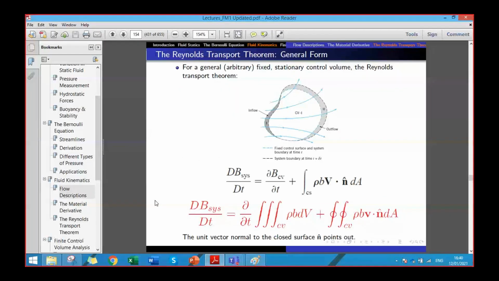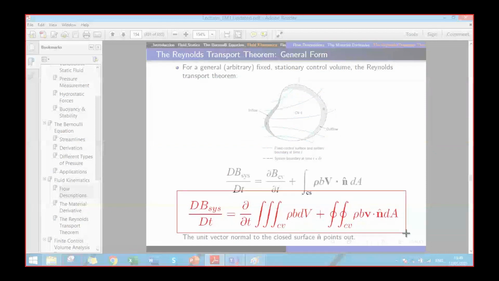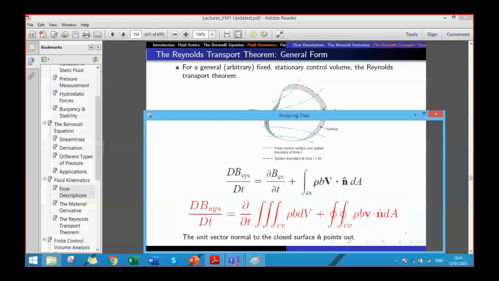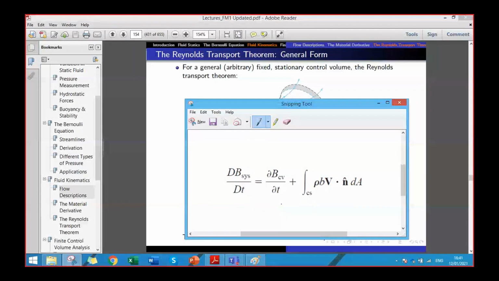So if I write the general form of the Reynolds transport theorem, on your screen you are seeing the general form of the Reynolds transport theorem. Now that is very interesting to understand. Let me explain this one first, and then now we can combine the flow rate terms.